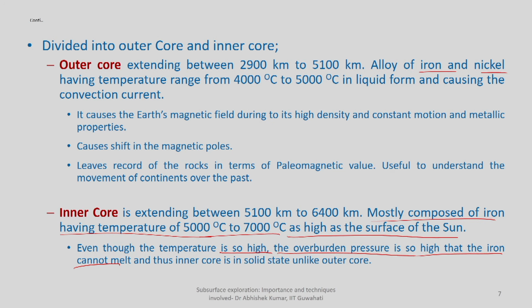So the material subjected to such high temperature, but also to such high pressure because of the outer layers, mantle and crust, is not able to melt, and that is how the inner core is in solid state, unlike the outer core.